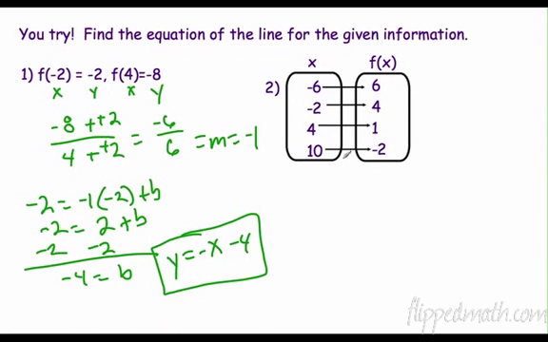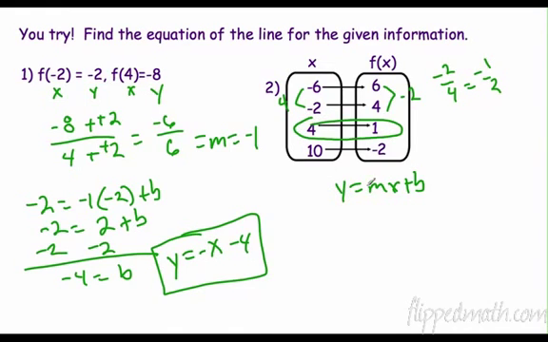Here's a mapping diagram, and we need to find it. All right? Let's take this. Here's a great thing. What's that go down? That goes down negative 2. This goes up 4, so my slope is negative 2 over 4, which is negative 1/2. Plug that into y equals mx plus b. I can use anything. I'm going to use this one. See, it's not always the first one that's nicest.